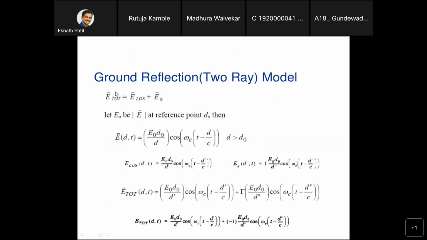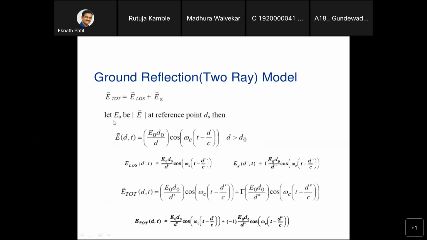So the two-ray module gives the information that the total electric field received at the mobile receiver is equal to E bar LOS, that is the electric field from the direct ray, and another one is E bar G, that is the ground reflected, which is known as the reflected ray. Let E naught be the E bar at a reference point D naught.